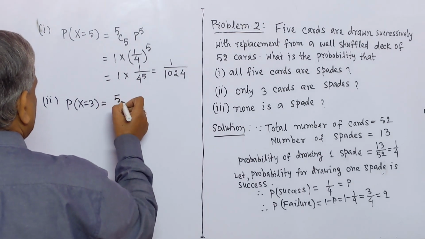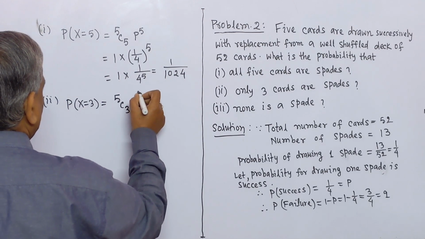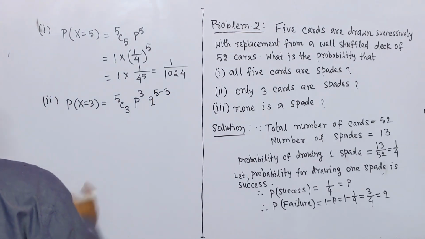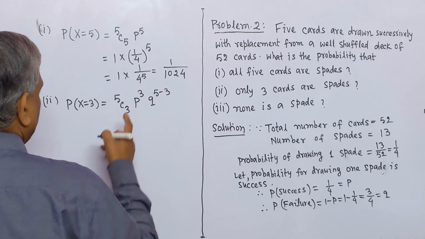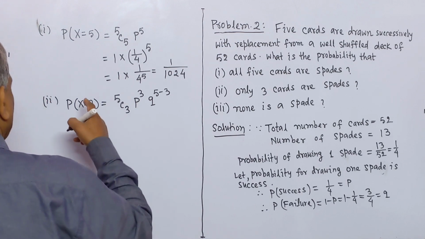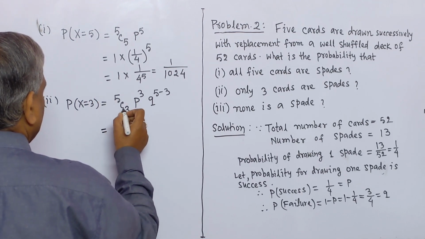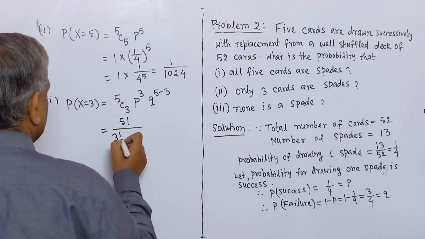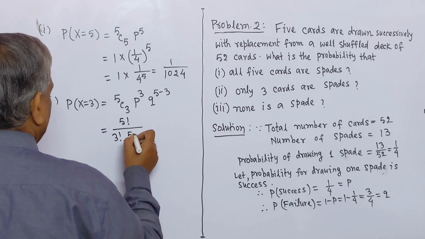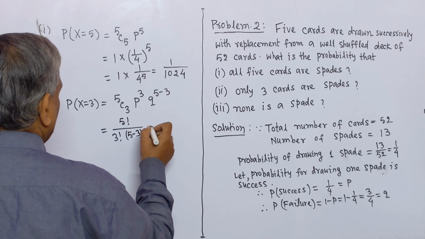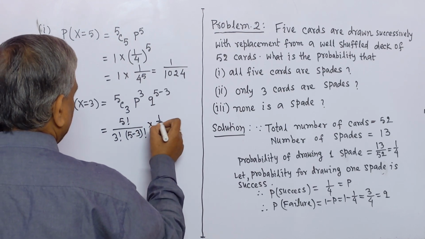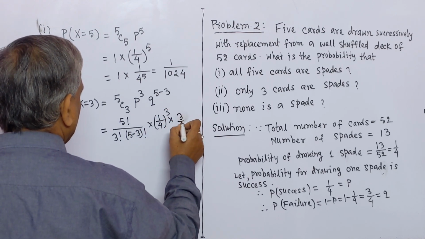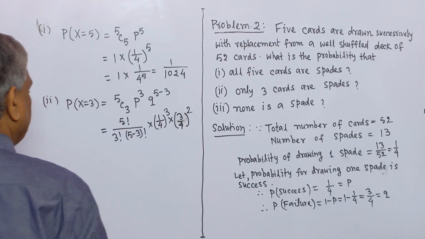This is 5c3 p to the power 3 q to the power 5 minus 3 with the help of the formula for binomial distribution for 3 successes. 5c3 means factorial 5 by factorial 3 factorial 5 minus 3. P is 1 by 4 to the power 3. Q is 3 by 4 square. 5 minus 3 equal to 2.